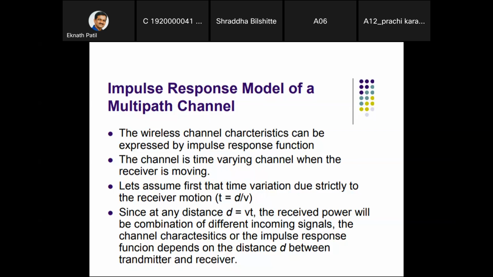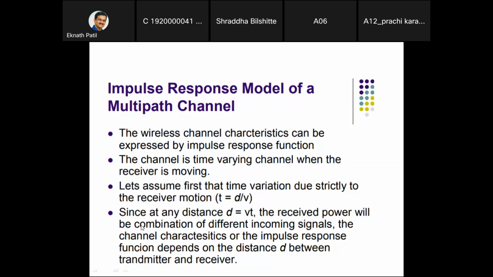The wireless channel characteristics can be expressed by an impulse response function. The channel is a time varying channel when the receiver is moving. Let us first assume that the time variation is due strictly to the receiver motion, so t is equal to d by v, since distance d is equal to v into t.